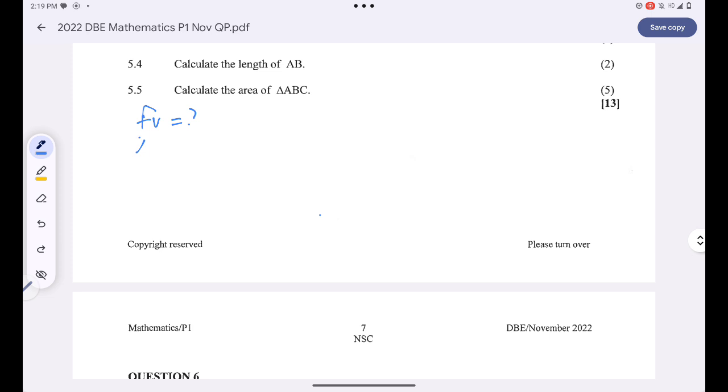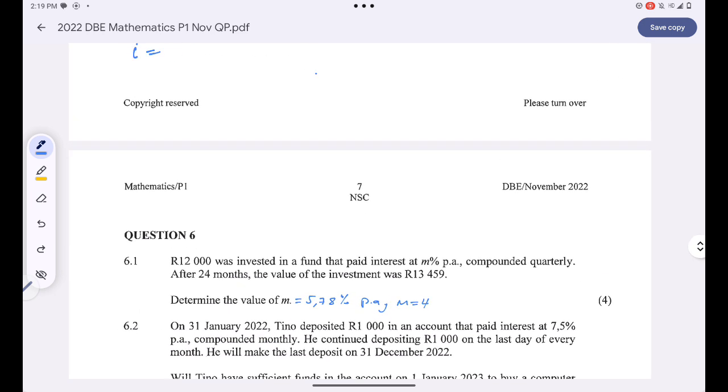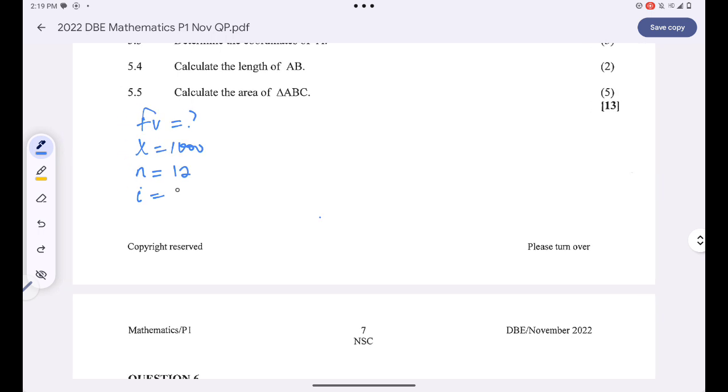All right, together, x is just 1,000, and this thing just happens for 1 year. And 1 year has 12 months. Tino will also make 12 payments. So interest will be calculated 12 times in 1 year. So n is just equal to 12, and i, what did they say about the interest? 7.5% compounded monthly, 0.075 all over 12.